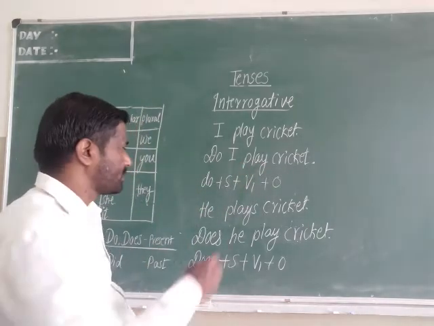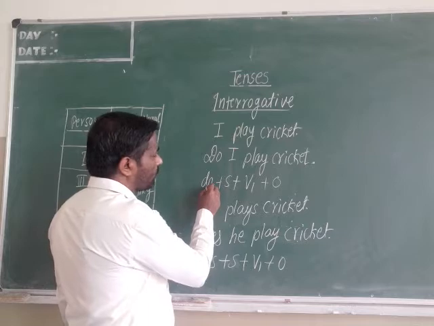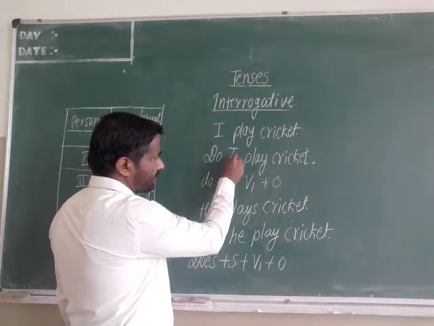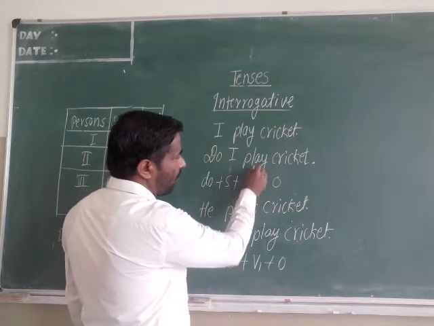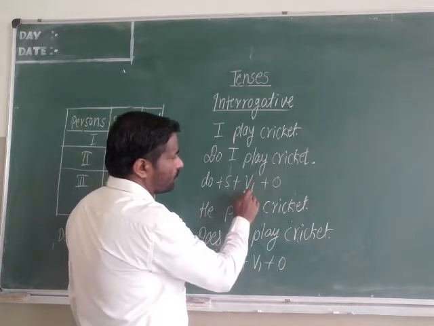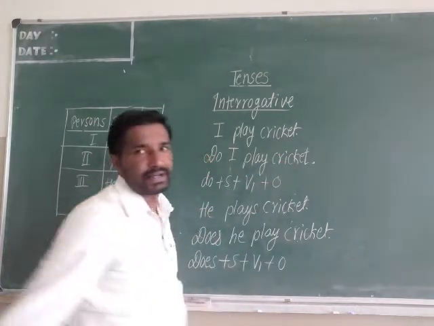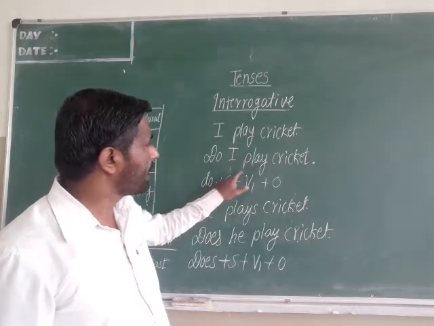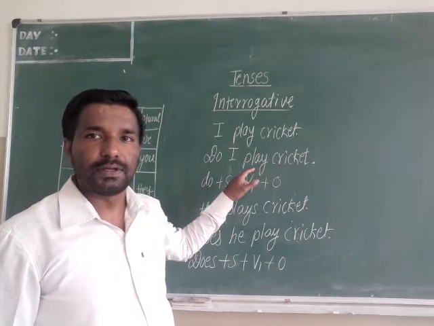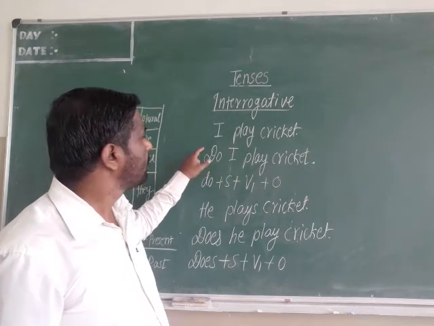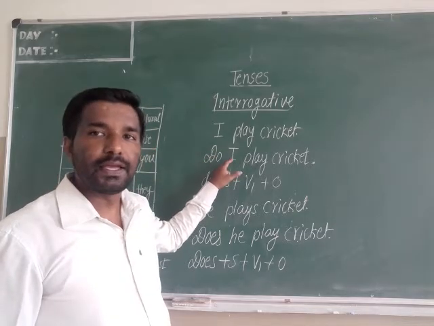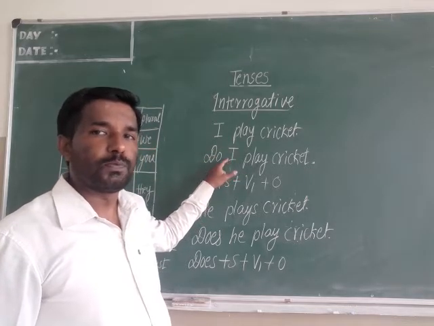Then what is the structure of the sentence? Do, the verb, you have to take. After that, subject I is there and V1 form play you have to use and object cricket. Do I play cricket?